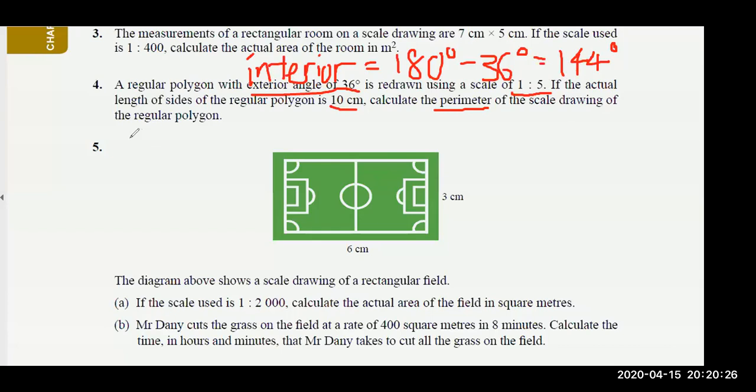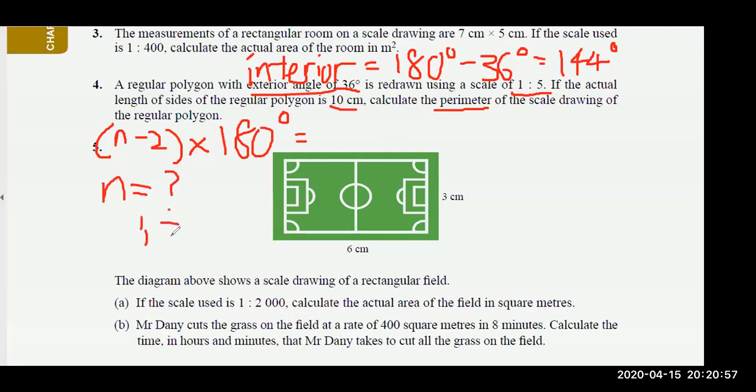So for the polygon, you use the formula n minus 2, multiply 180, right? Based on this, you don't know n is equal to how much, so you try one by one, like 1, 2, 3, 4.